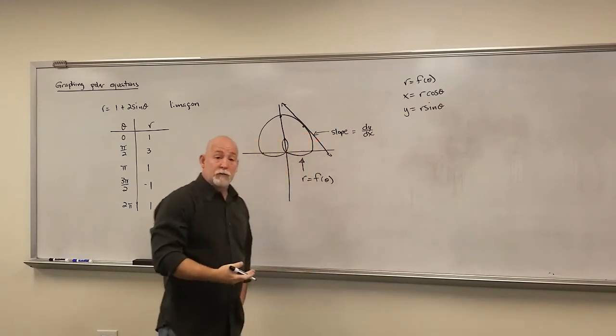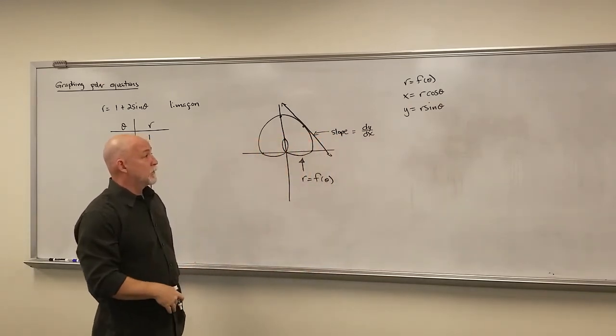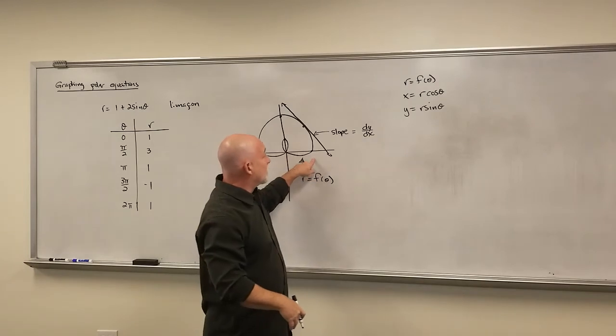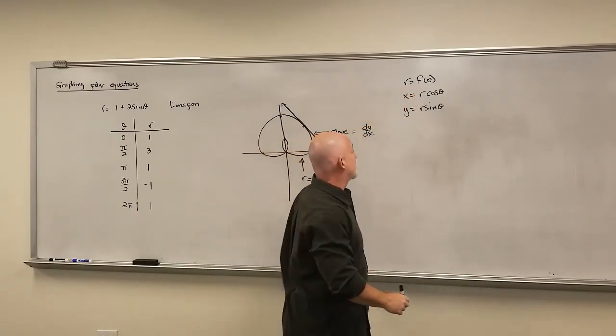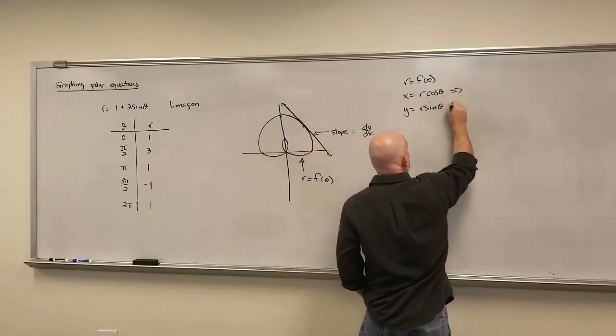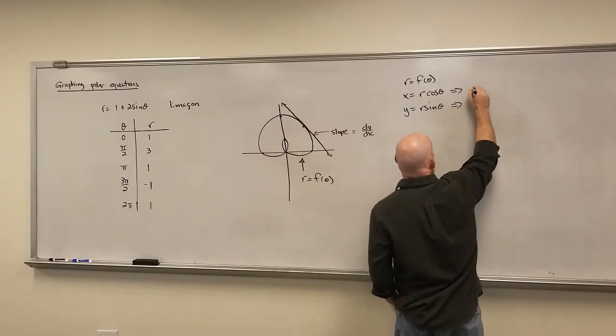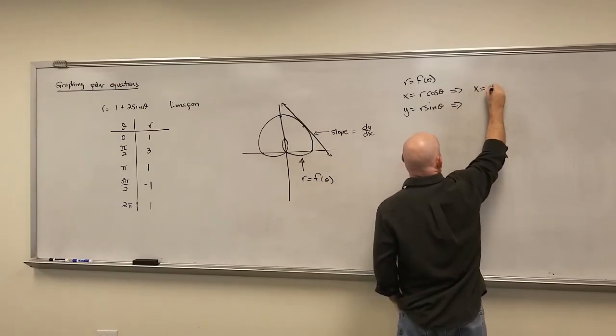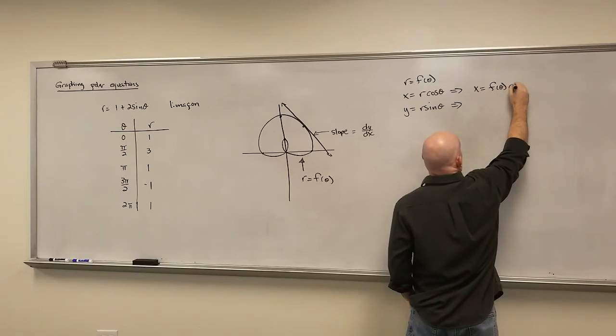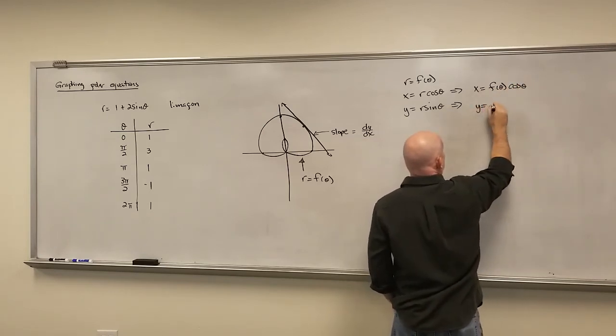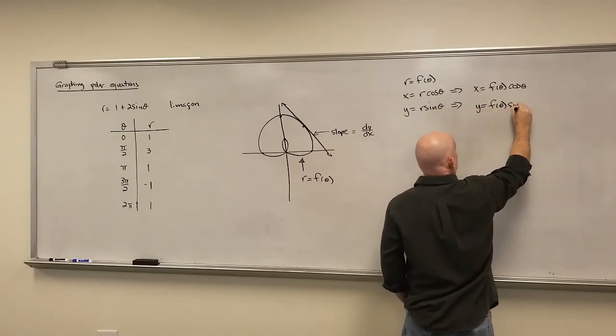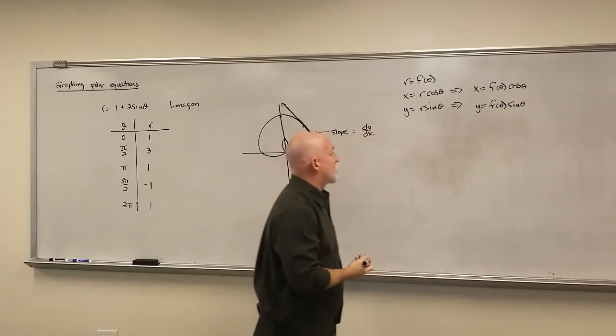Those were our conversions from polar to rectangular. Now, if the curve is actually r as a function of theta, that means that these two can be written as x is equal to that function of theta cosine theta, y is equal to that function of theta sine theta.